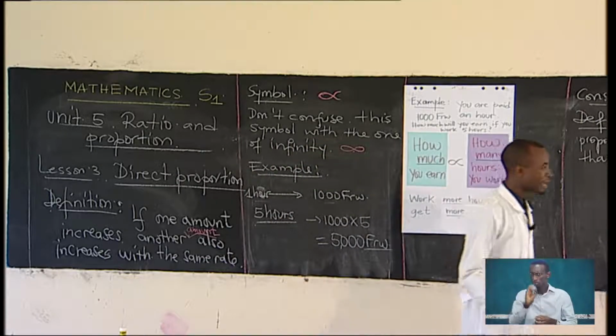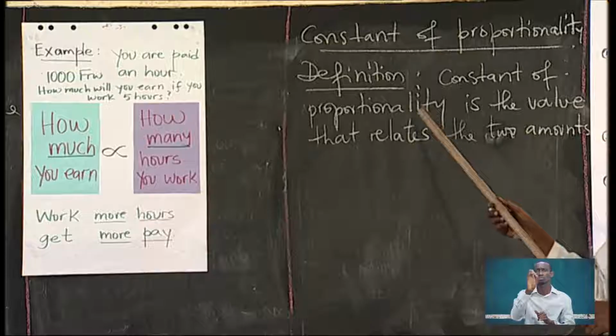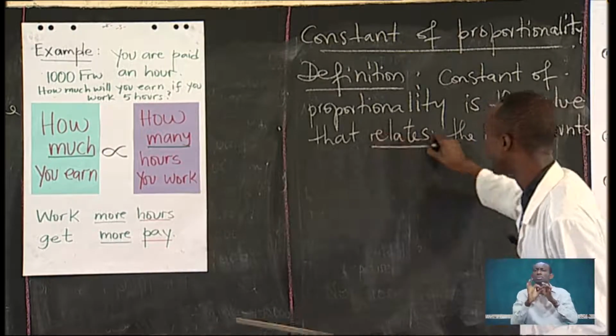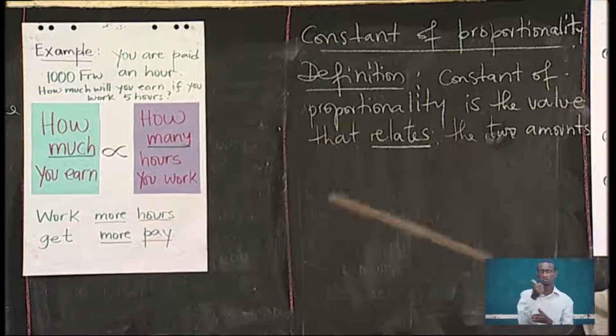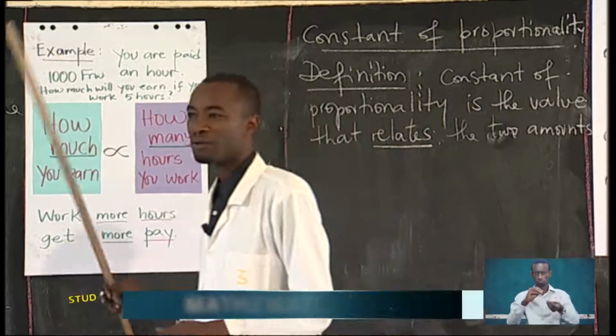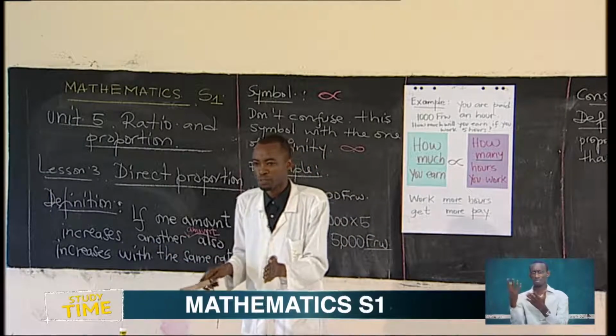You see? Now, we are on the point of constant of proportionality. It is saying constant of proportionality is the amount that relates. I want you to focus on this point, relates. It means if I have two quantities, they will be in need of one variable that can connect, that can bring together the two quantities.